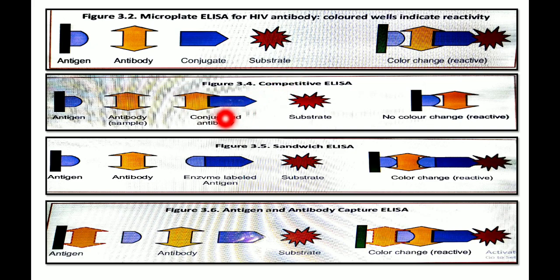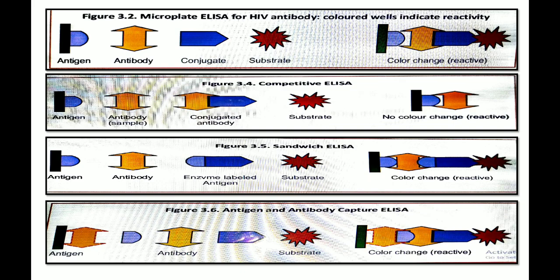Then we have a competitive ELISA method. In this method, both the specific antibodies to HIV in the serum of an infected person and the antibody which is present in the conjugate, both of these antibodies will be added at the same time. Both these antibodies compete for the attachment sites on the antigens that are immobilized in the solid phase.